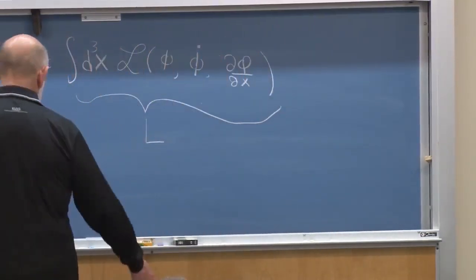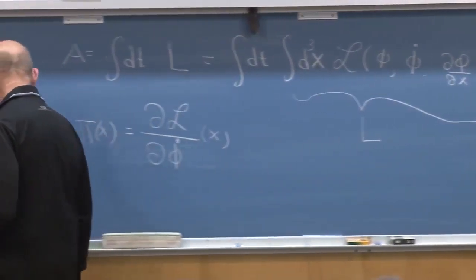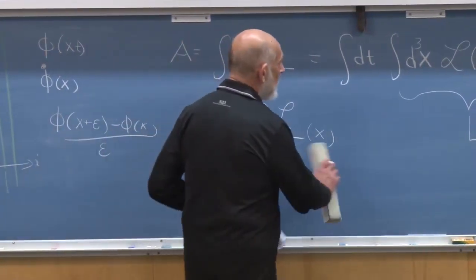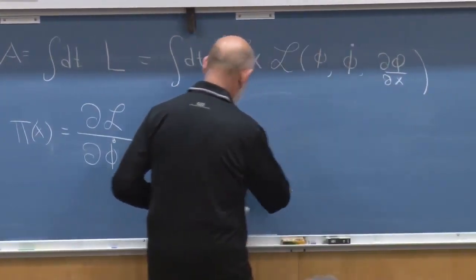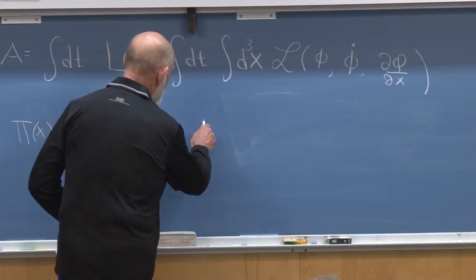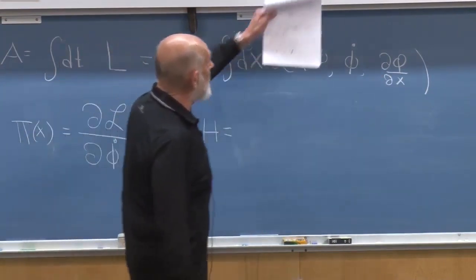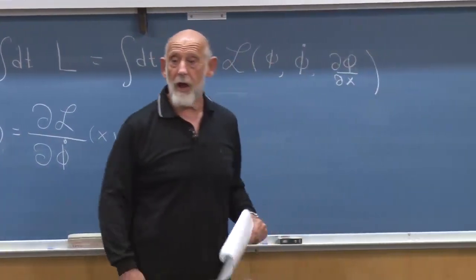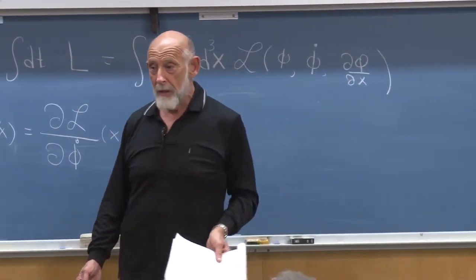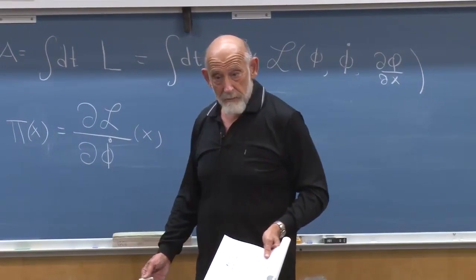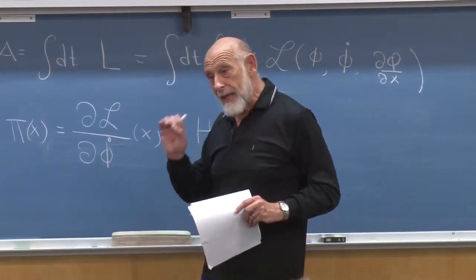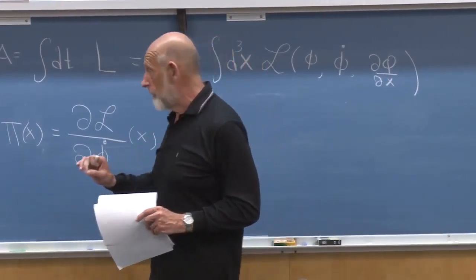Okay, so now we're in a position to compute the Hamiltonian. Let's compute the Hamiltonian over here, H. Now, first of all, it's a sum over all I. What does I stand for in this problem? I stands for x. I and x are the same thing. They're the labels that label the degrees of freedom.